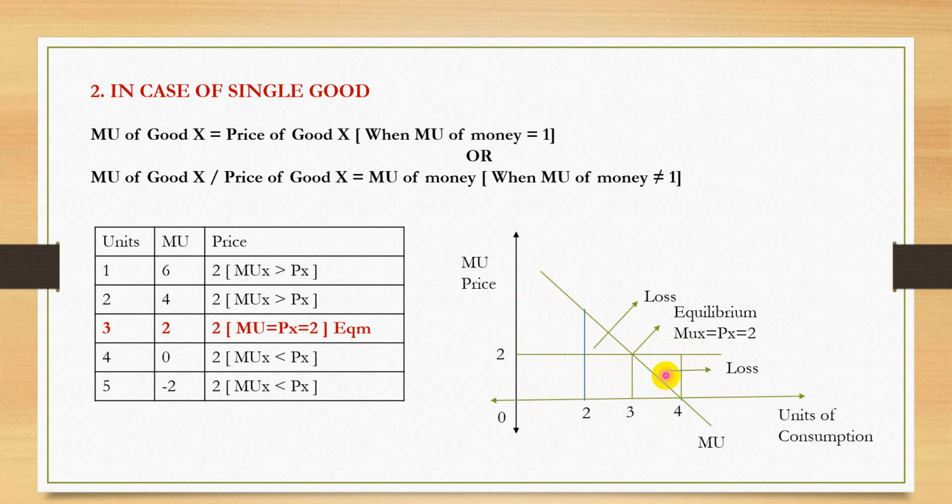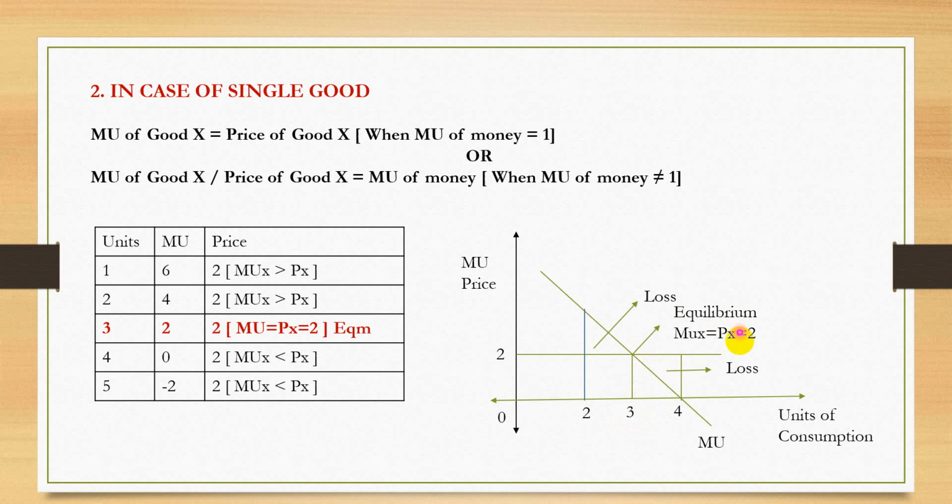This is taken away from the previous satisfaction. That means if he starts increasing the consumption more than 3, then there will be loss in satiety. So a rational consumer will not consume 4 units in this example. He will withdraw and go back to 3 units where MUx is equal to Px.